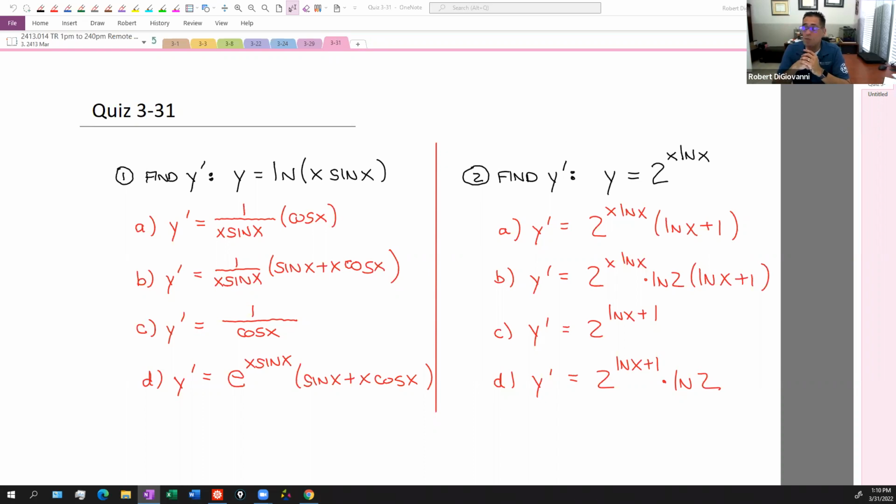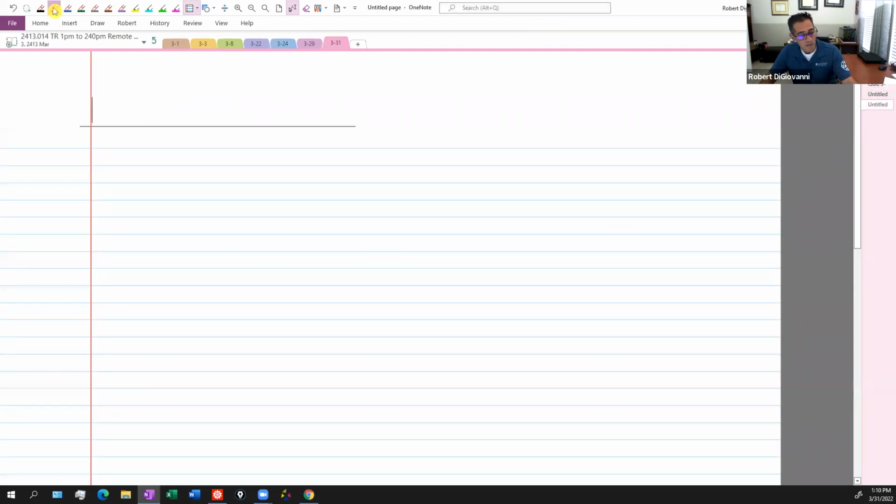All right, so let's go through this. On the first one, let me start with this. What were the main ideas that we took away from last class? Here they are. First of all, if you're ever going to take the derivative of any number a raised to something, I'm just going to call it a yellow box, okay?